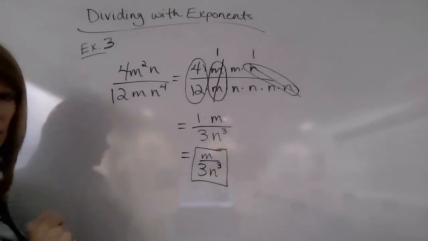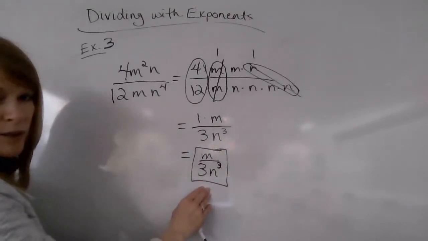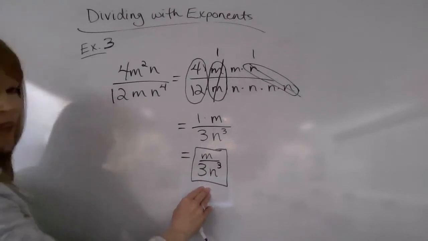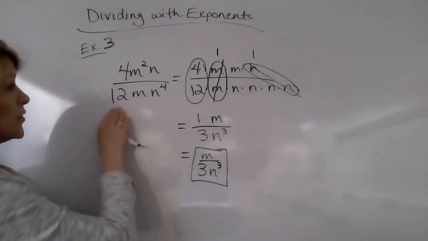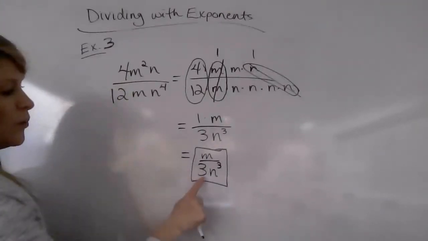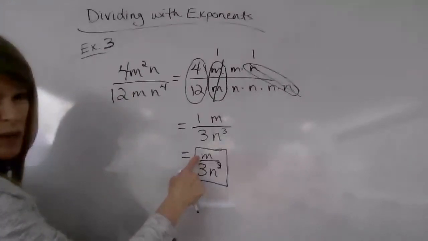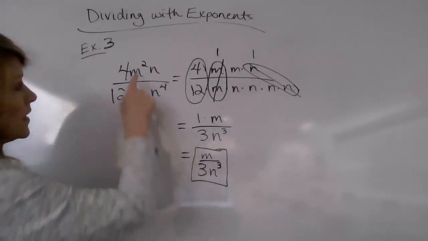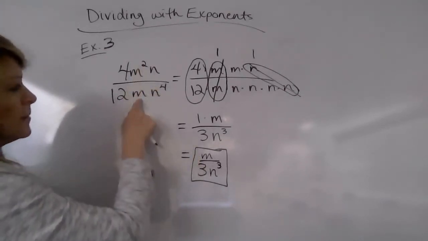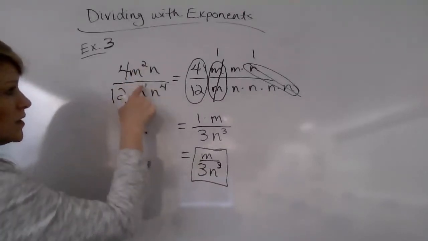Okay, so let's look at the original compared to our final result. Looking at it one piece at a time. Numbers first. 4 over 12 simplifies down to 1/3. The 3 is in the denominator. The 1 isn't written because we don't need it. M to the 2nd over m to the 1st. The difference between these is 1.